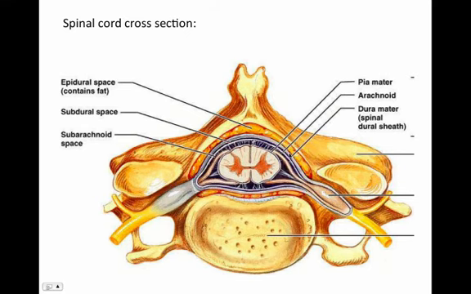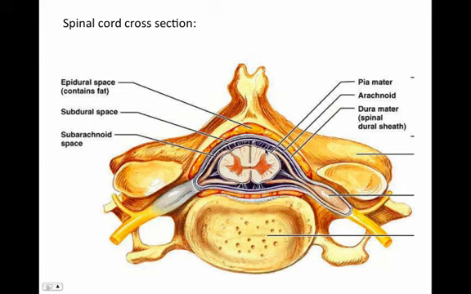The outermost covering here. Name this covering, name the structure: dura mater. Below that is going to be the arachnoid mater. And name the structure that's fused right onto the spinal cord: the pia mater.